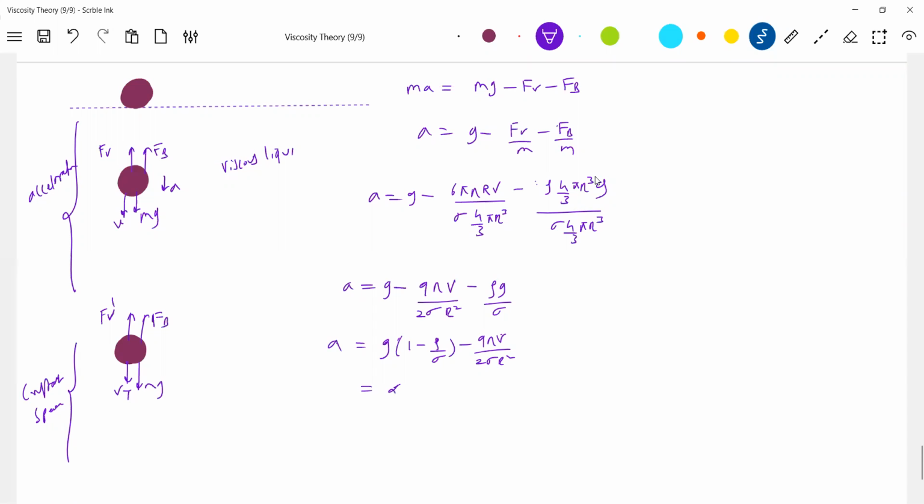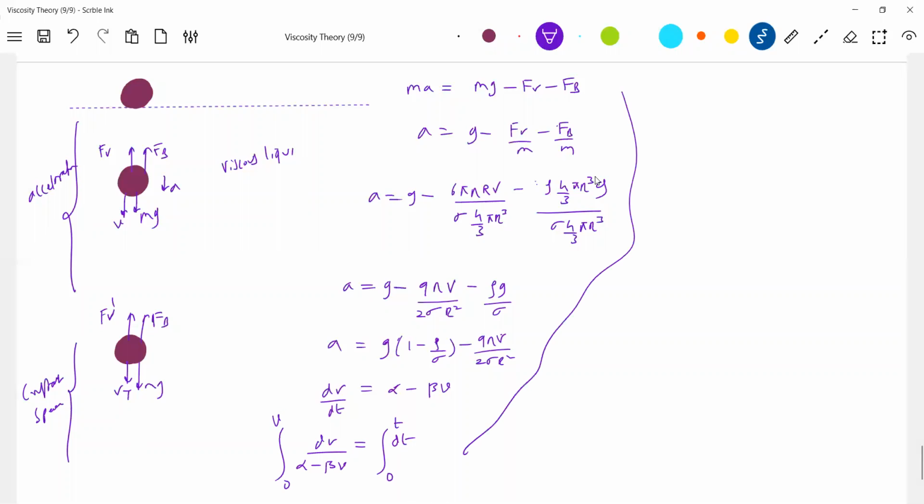Let me call this alpha, this is beta, and the acceleration, let me write dv by dt. Again, similarly, I'll release it from rest, and that will be the condition.